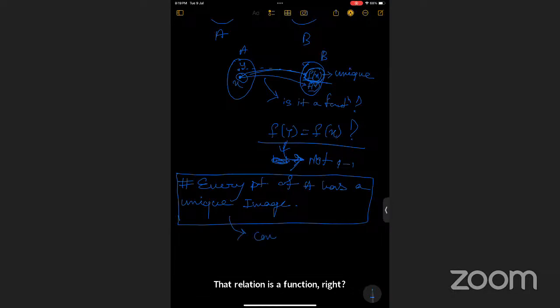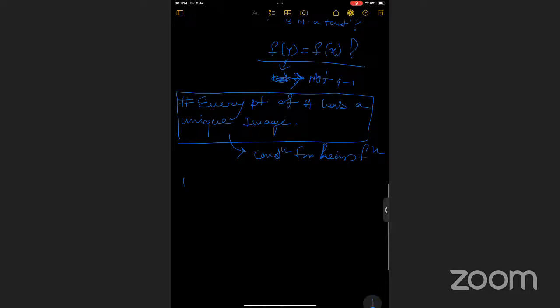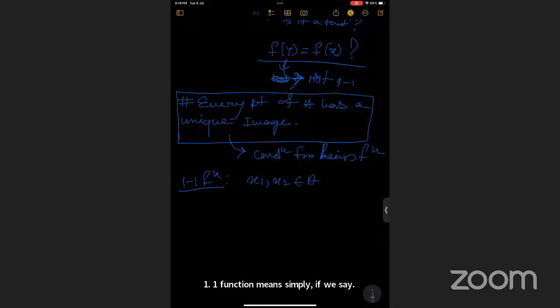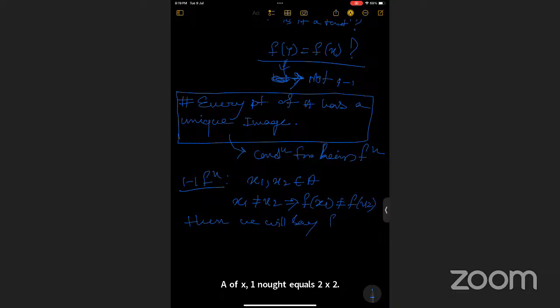Yes, ma'am. And one-to-one function means simply if we take some x1, x2 from the domain, then x1 not equal to x2 implies that f of x1 not equal to f of x2, then we say f is one-to-one.